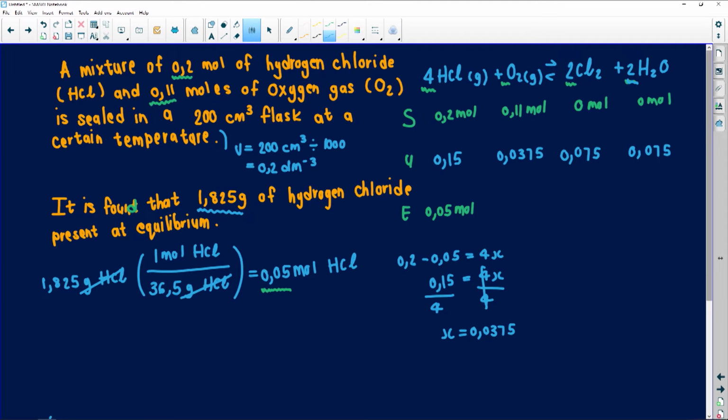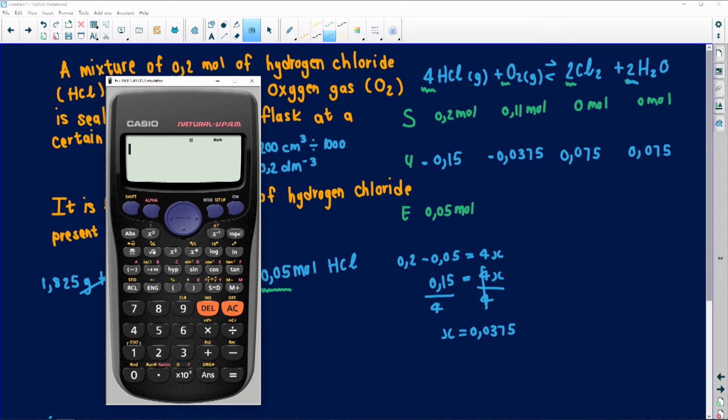Now, I want us to think. If I've started off with these ones, they are getting less and less and less. So that's why these are getting less. So 0.2 minus 0.15 will give me the 0.05. And now we need to subtract these two because they are being used up. So I'm going to say 0.11. I'm doing this one now.